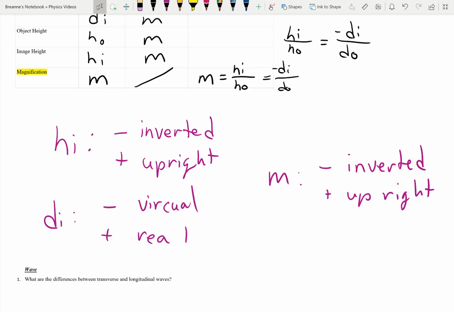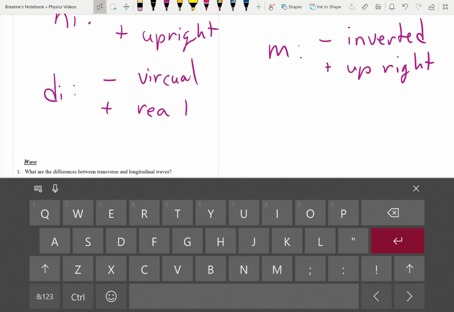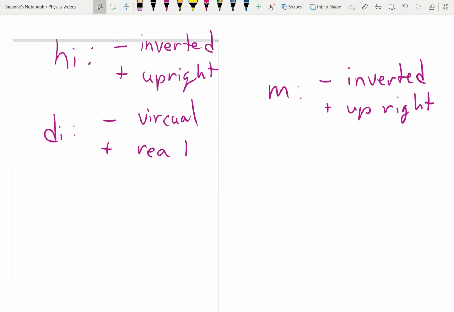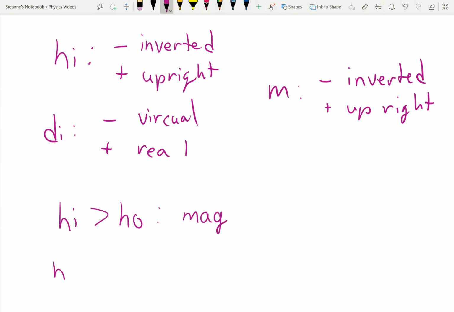Another thing, give myself a little bit more space. If your hi is bigger than your ho, then it's magnified. If your hi is smaller than your ho, then it's diminished. Another, looking at if your m is greater than 1, it's magnified.